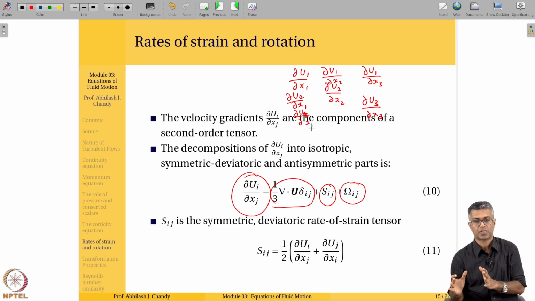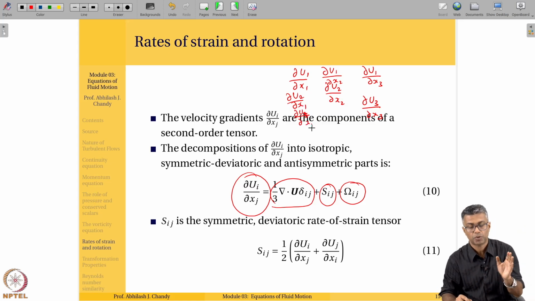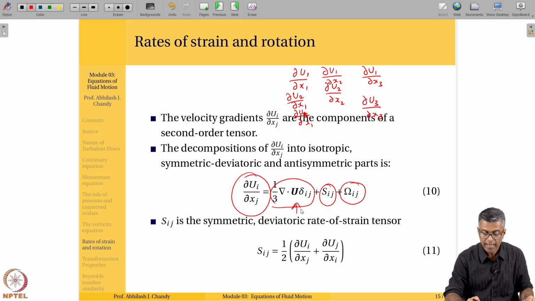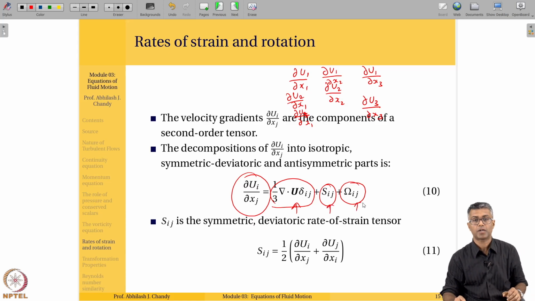So I'll have 9 components like that. I didn't write out the 9 components, but you will have 9 components like that. The diagonal terms are what is shown here. That's the isotropic part. Then I have the symmetric deviatoric part, which is the strain rate tensor. Then I have the anti-symmetric part, which is the rotation tensor.